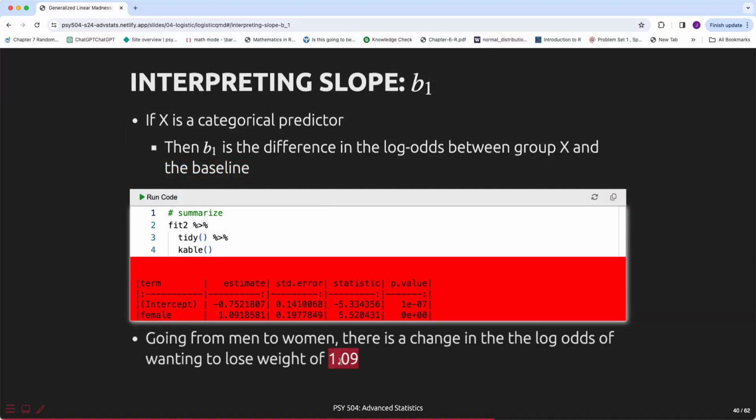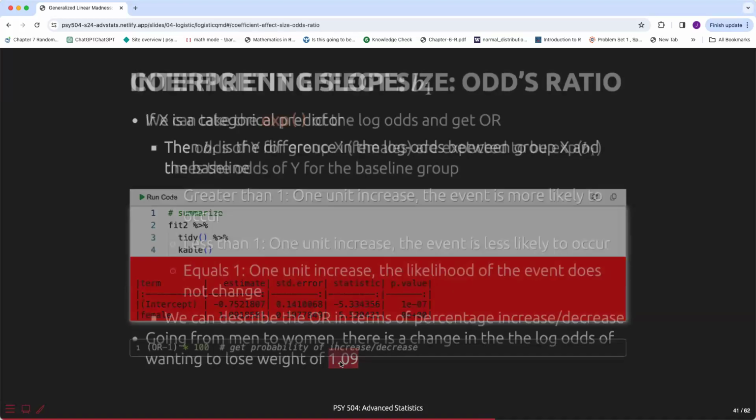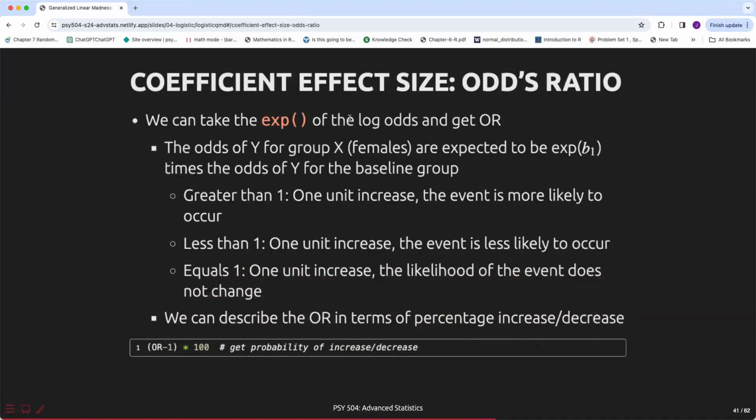Because log odds are kind of hard to interpret, we can actually transform this into an odds ratio, which is reported quite often in the social sciences. This is basically just taking the log odds and exponentiating it to get the odds ratio. The odds ratio is the relationship between the dependent variable, wanting to lose weight, and that predictor variable.